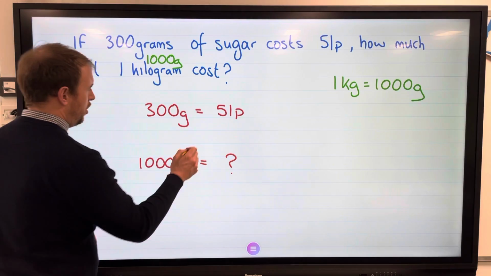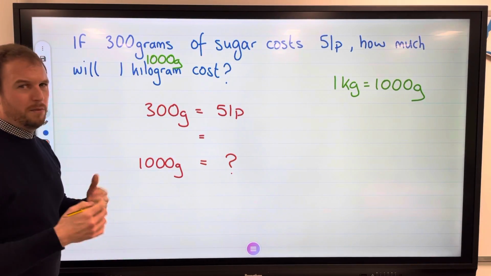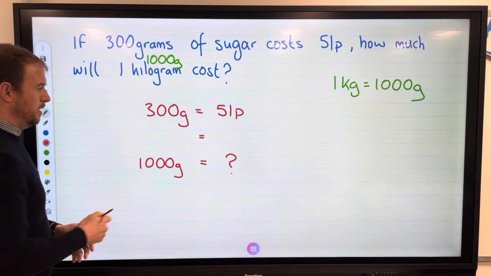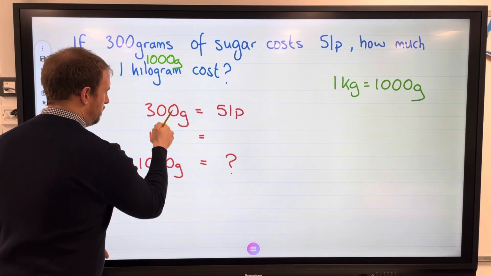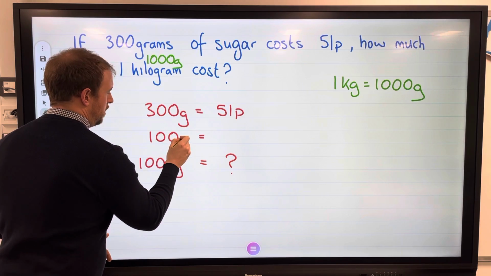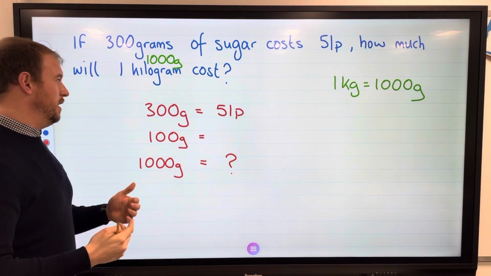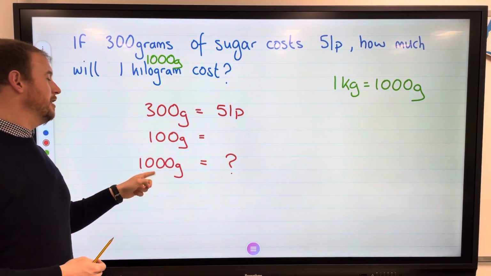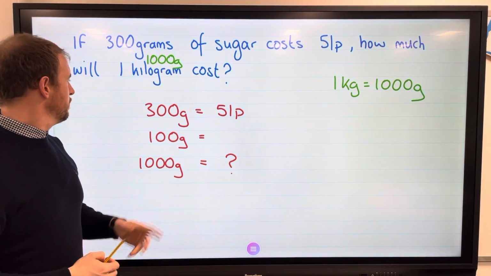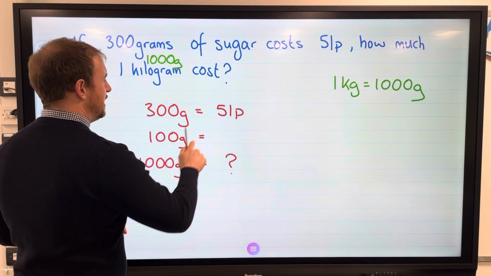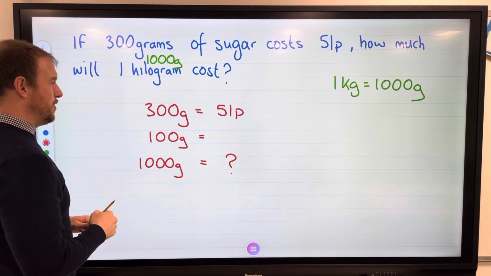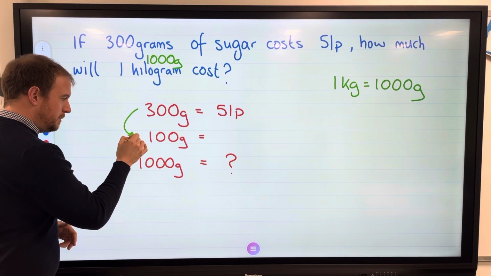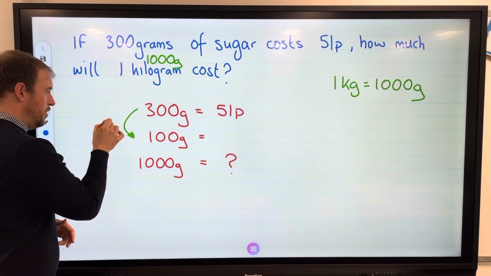Let's find a common ground, a common number, a common factor of 300 and 1,000. Well, that number would be 100. If we can find the value of 100 grams, we can easily just multiply that by 10 to get to 1,000. So we need to do 51 divided by 3. The reason why I've picked 3 is because 100 goes into 300 3 times.